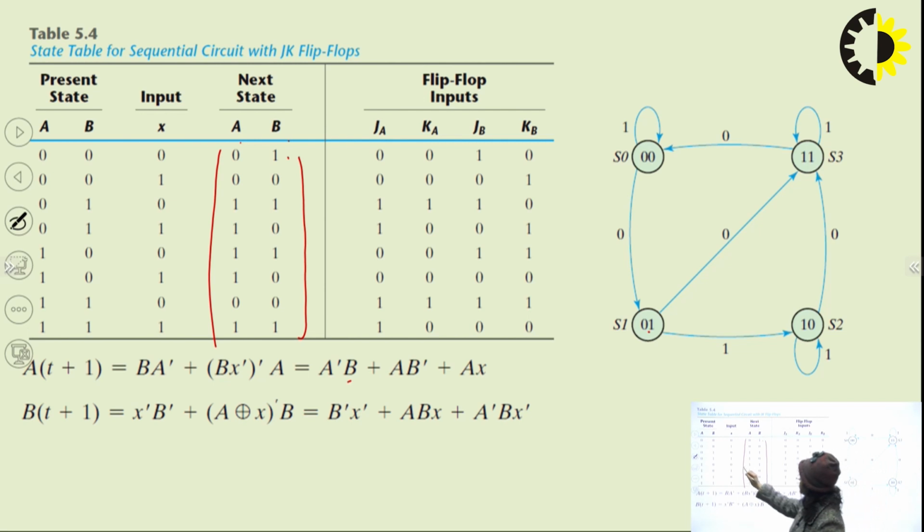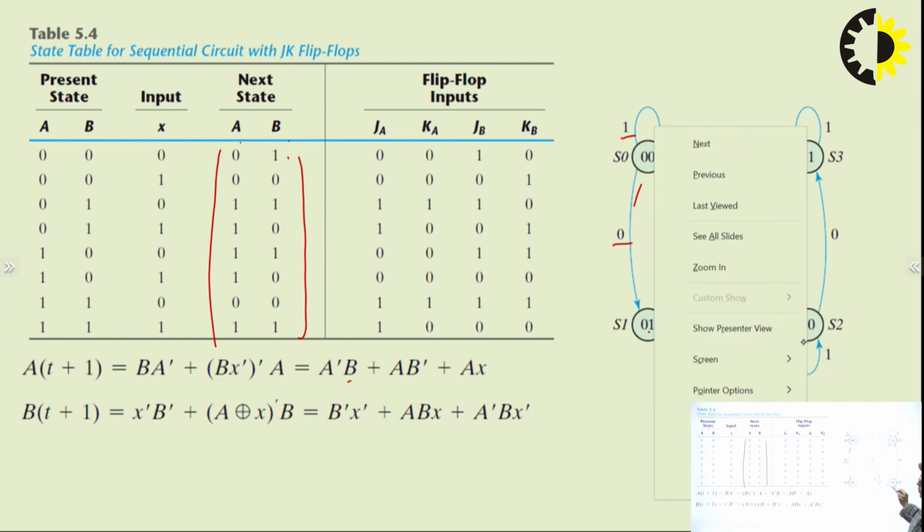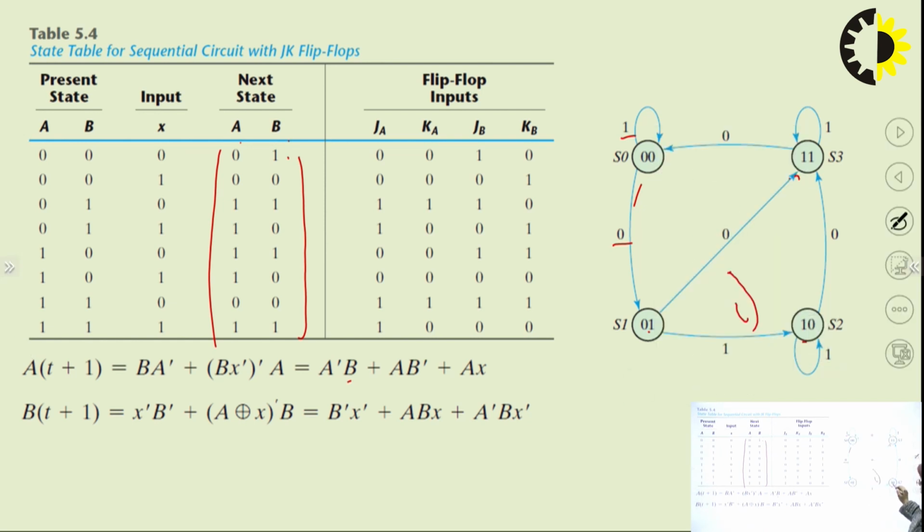So from 0 0 to 0 1 input is 0, from 0 0 to 0 0 input is 1, for 0 1 to 1 0 input is 1, from 1 0 to 1 0 input is 1, and from 1 0 to 0 1 input is 0, from 1 1 to 0 0 input is 0, and from 1 1 to 1 1 input is 1.